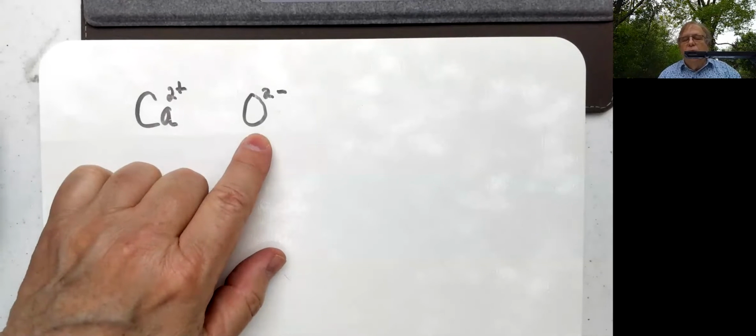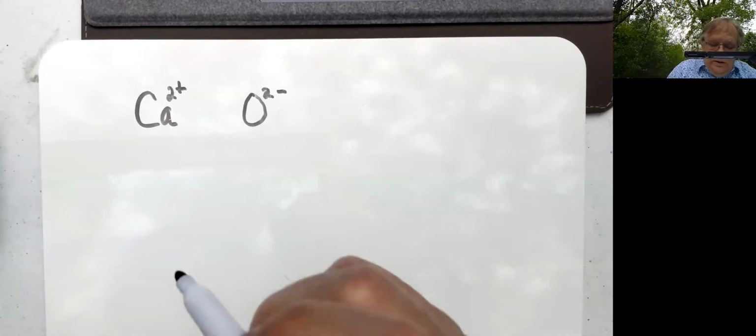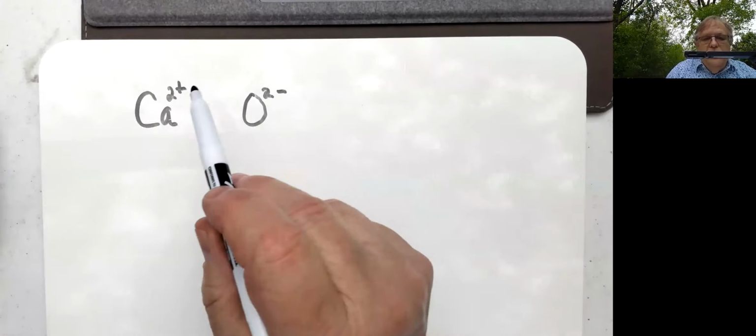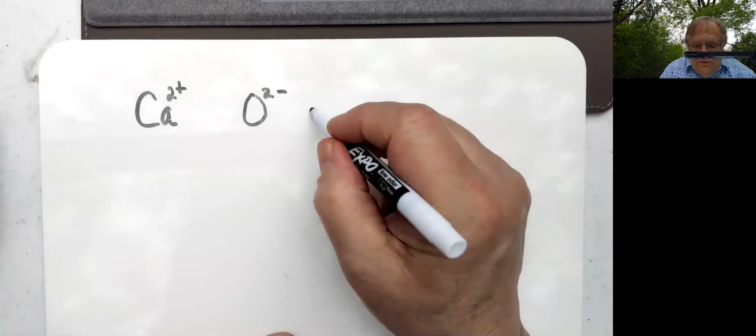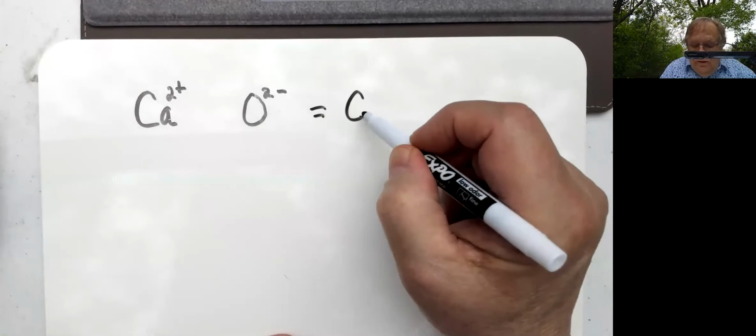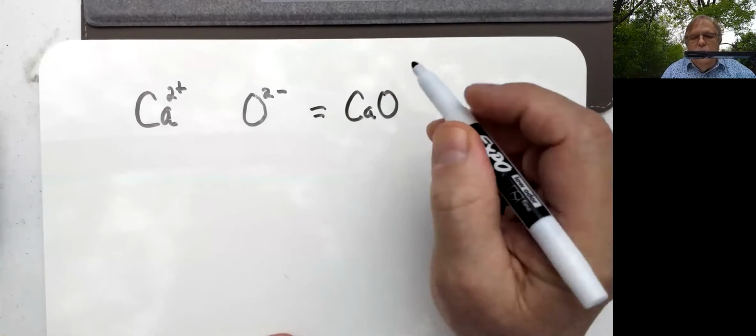Because, as you remember, I said earlier, the number of electrons that are lost from the metal side of the compound have to be the same number that would be gained by the non-metal. So notice those two already balance out to 0. So we don't have to do anything special to them other than write them right next to each other.